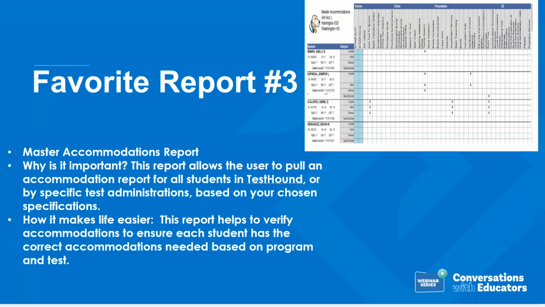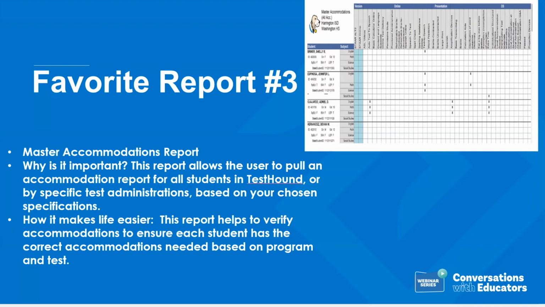Sure. On the master accommodations report, one thing I think is very beneficial is that this can be exported, once you filter it down to what you would like, to Excel and more or less share that, let's say, with the people on your campus. Maybe your special ed person, your 504 person, or those people that do your emergent bilingual or LEP population.